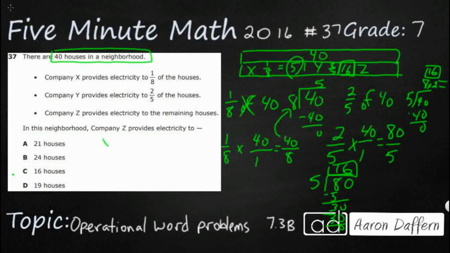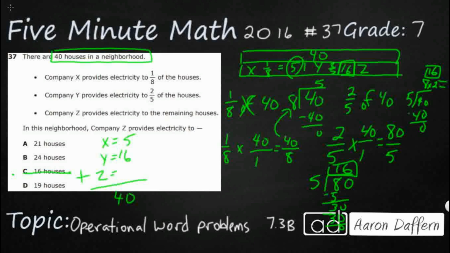X equals 5, Y equals 16, Z equals a mystery number, and we know the total needs to equal 40. So we're close, right? 16 is one of our answer choices, but that's just company Y. We're looking for company Z. And so what we need to do here is look at it like, okay, 16 plus 5 plus what makes that 40.